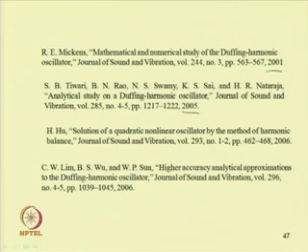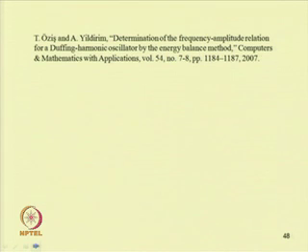Then, Solution of a Quadratic Nonlinear Oscillator by the Method of Harmonic Balance, published in the Journal of Sound and Vibration in 2006, and another paper by Lim and Wu, Higher Accuracy Analytical Approximations to the Duffing Harmonic Oscillator, published in the same year, 2006, in the Journal of Sound and Vibration.